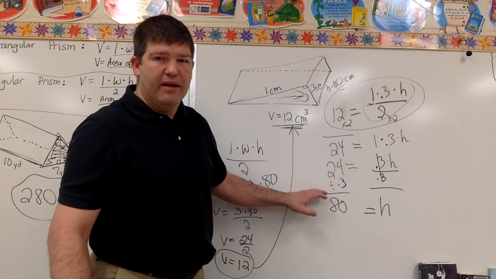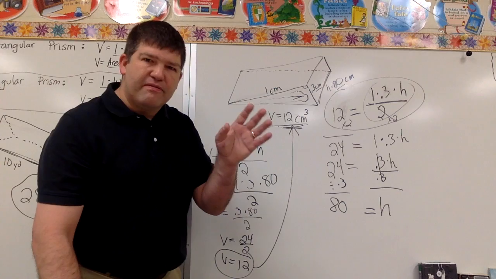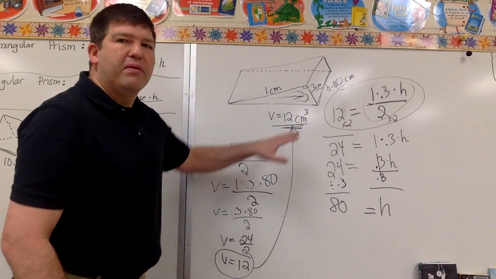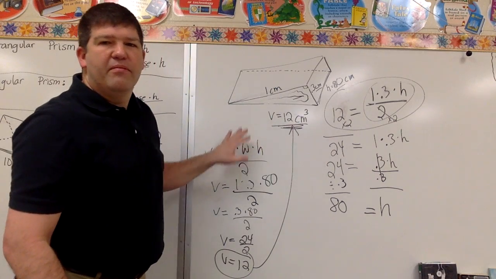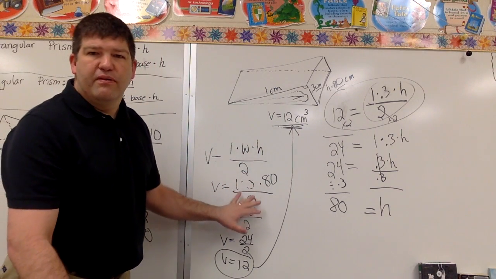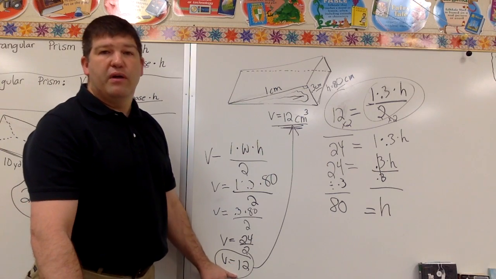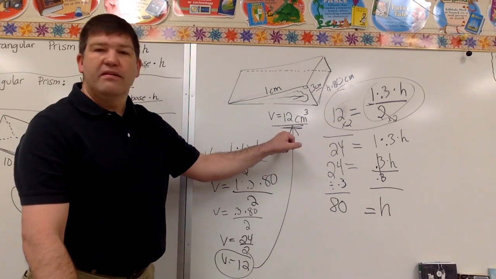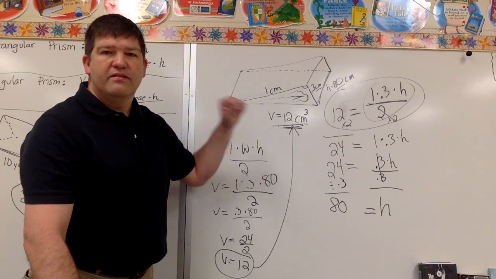It was divided by, and I got 80. And because it didn't make sense at first, I wanted to make sure I plugged it in. I put it up here as my height, and then I came over here, put them all into the formula, and then I solved, and I got this volume of 12, which is the volume it gave me to begin with. Okay? So I double checked.